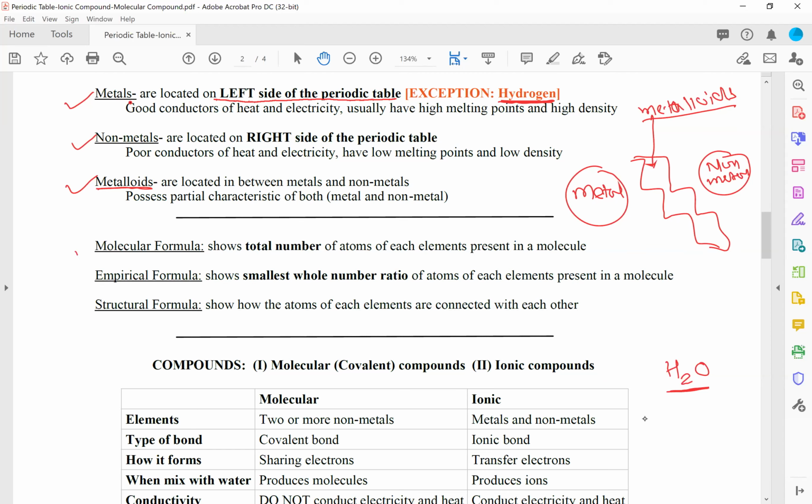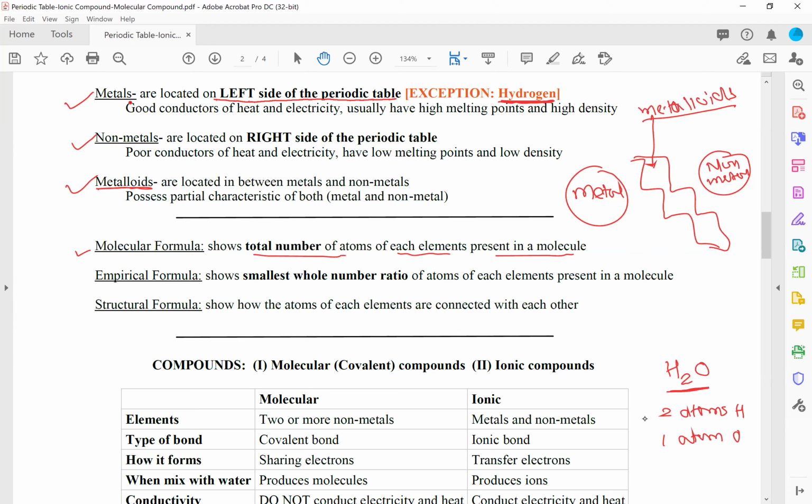What does molecular formula mean? A molecular formula shows the total number of atoms of each element present in a molecule. For example, water: every water molecule is composed of two atoms of hydrogen and one atom of oxygen.